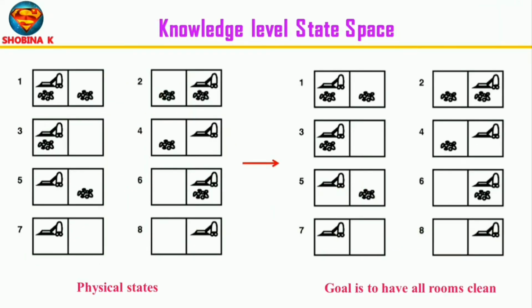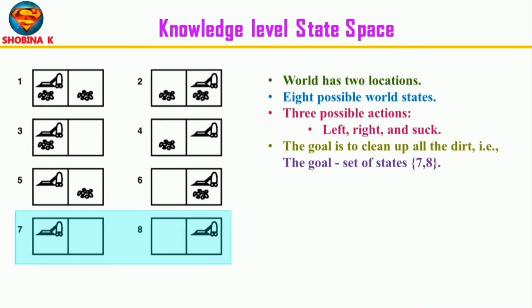Now we need to clean the world using a vacuum cleaner. And the world has just 2 locations. In this case, there are 8 possible world states. And there are 3 possible actions: left, right, and suck. The goal is to clean up all the dirt, that is, the goal is equivalent to the set of states 7 and 8.